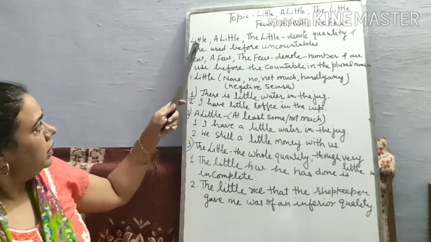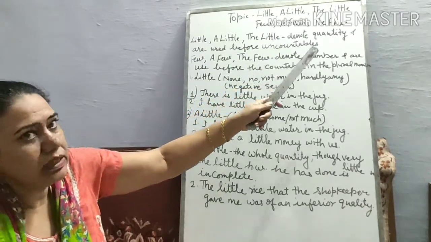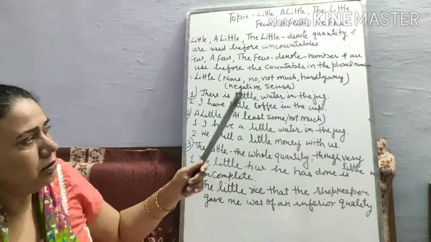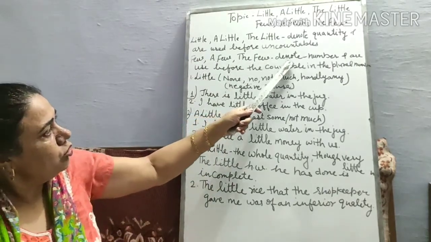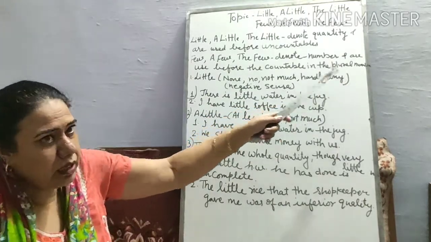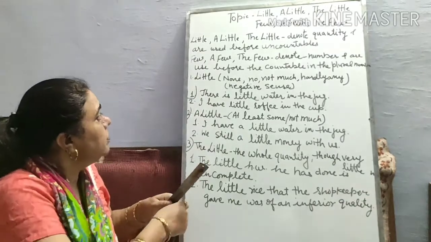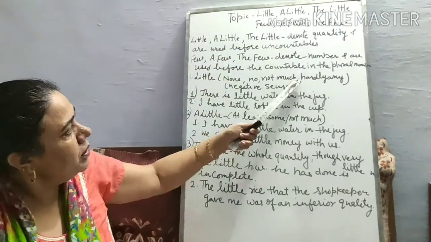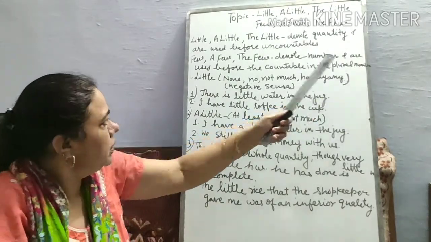Few, a few, the few denote number and are used before countables in the plural number.